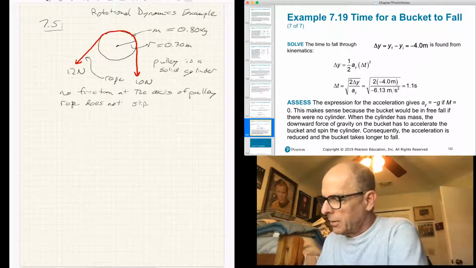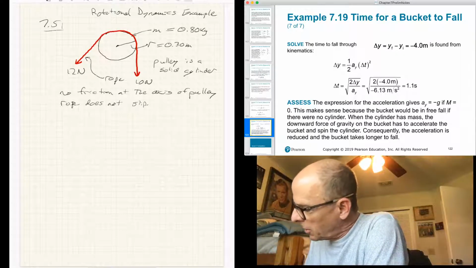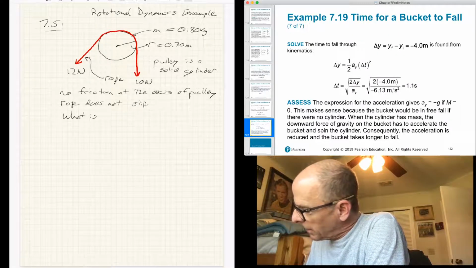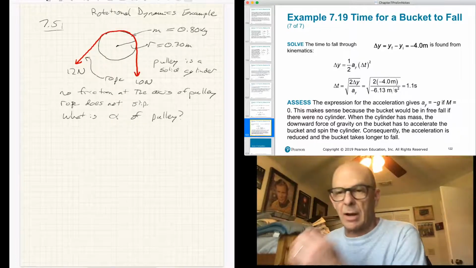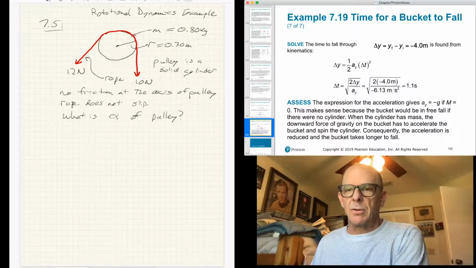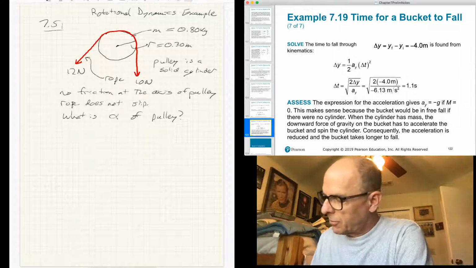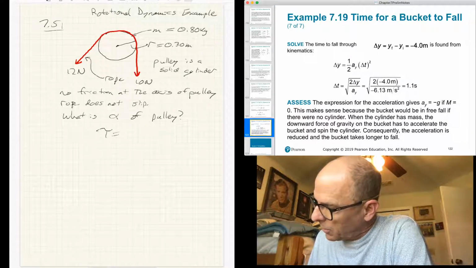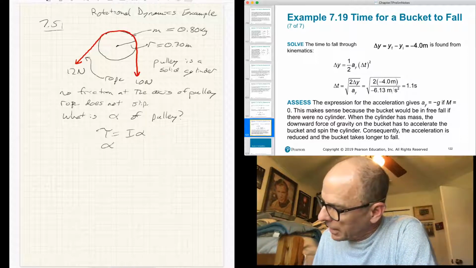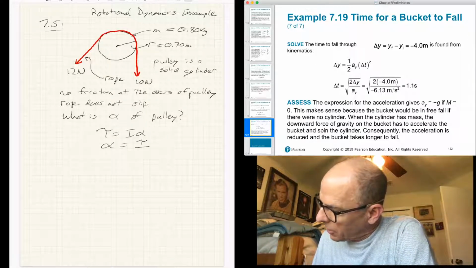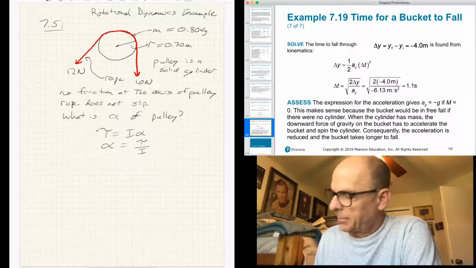And the question is, what is alpha of the pulley? What's its angular acceleration? Well, Newton's second law for rotational motion is that the torque equals I alpha. So that tells us that the angular acceleration is the torque divided by the moment of inertia.